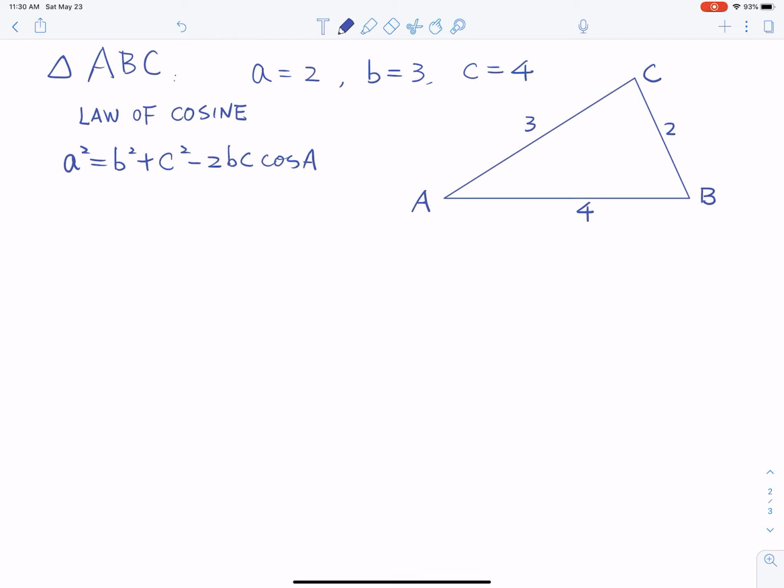You do not need to remember many ways of mathematical expression. You can also write down cosine A equal to B squared plus C squared minus A squared over 2BC.